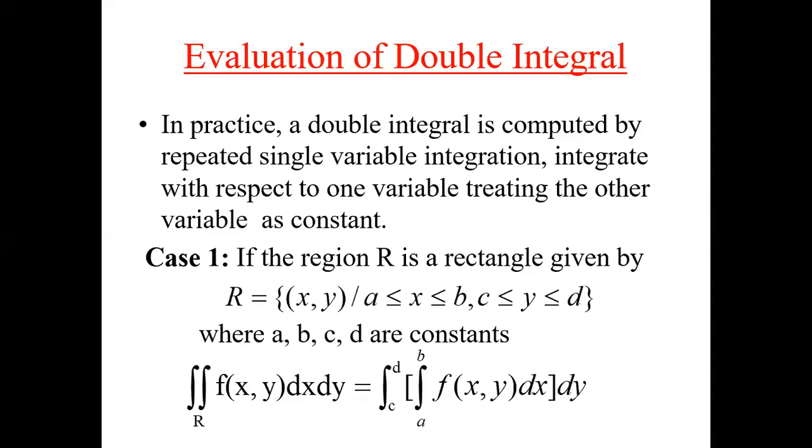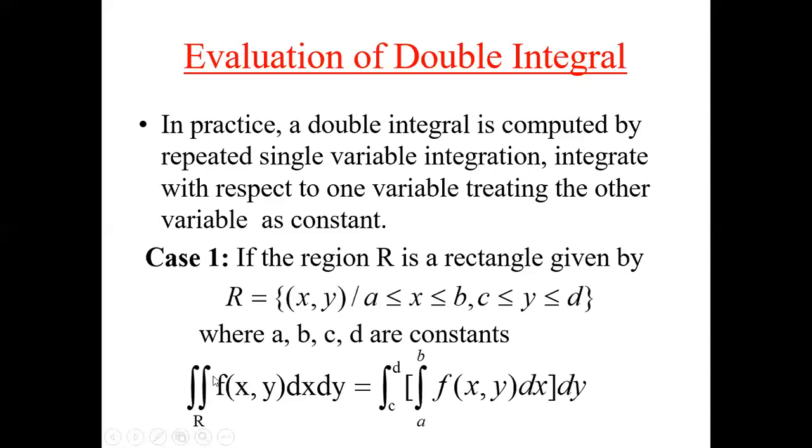Here we take three cases. Case number one: if the region R is a rectangle given by R equals the set of x, y such that x lies between a and b, and y lies between c and d, where a, b, c, d are constants. That is, the region R is a rectangle.